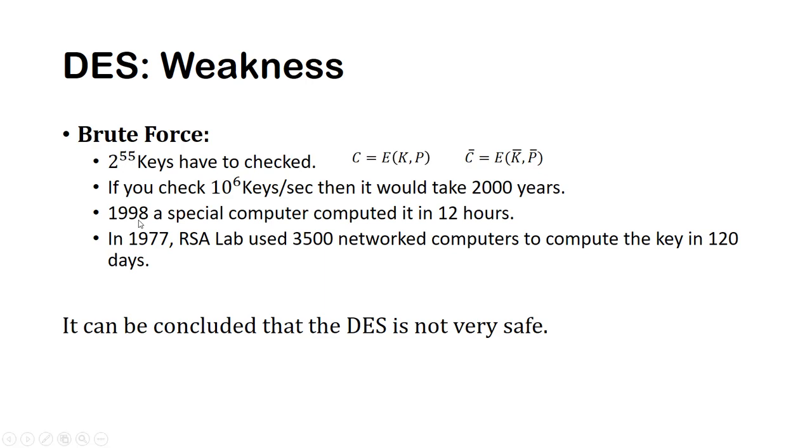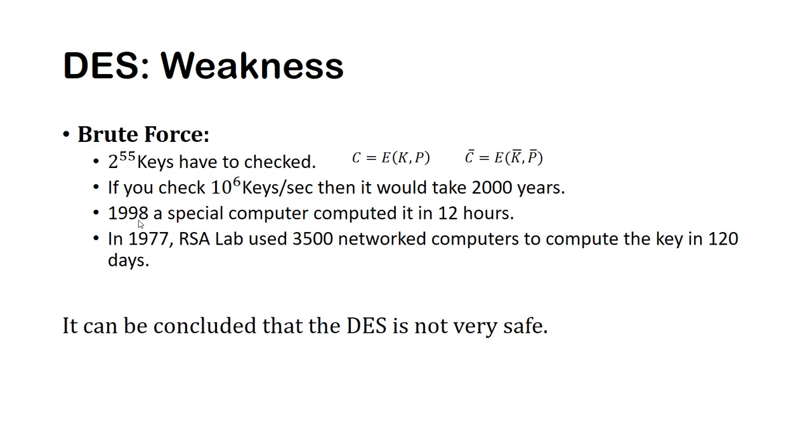Alright. In 1998, a special computer with the purpose of breaking the DES was created, and that special computer took about 12 hours to break the DES. So this pretty much tells us that if you make a deliberate attempt at breaking the DES, the 56-bit key domain is not very large and it can be broken down.